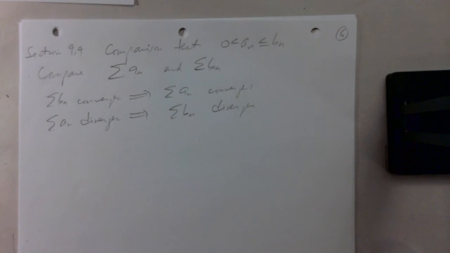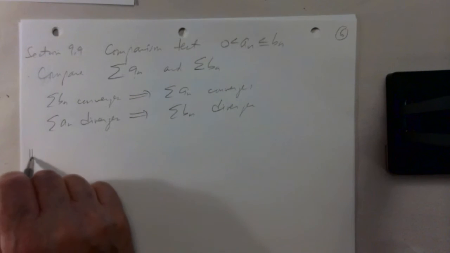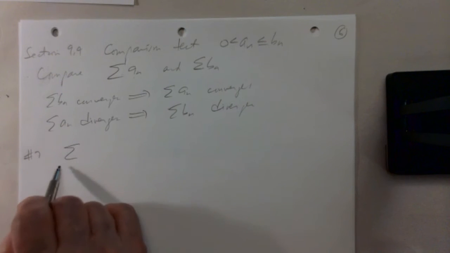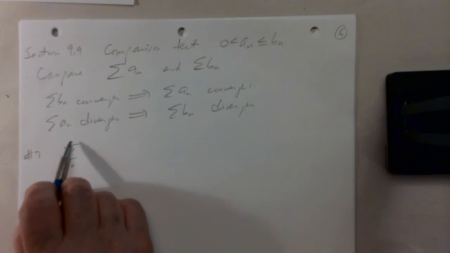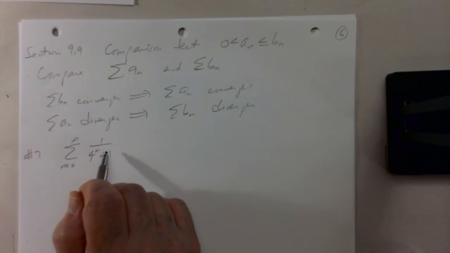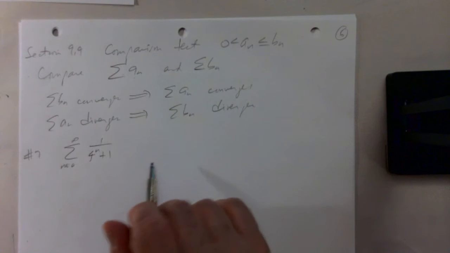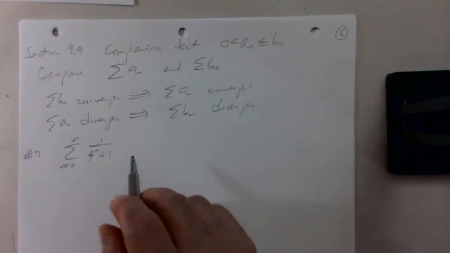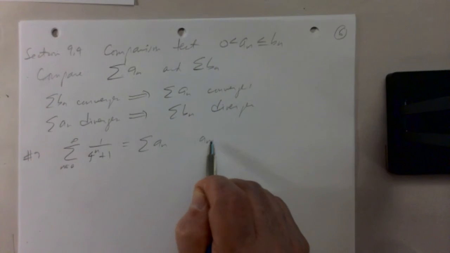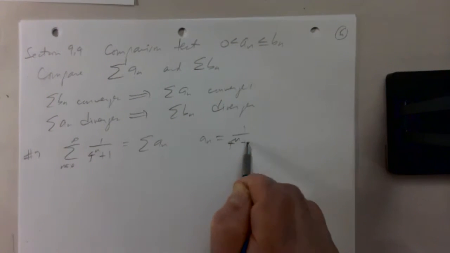So let's look at some of the problems: 7, 9, 11. Number 7 is to determine the convergence of the series summation n goes from 0 to infinity, 1 over 4 to the n plus 1. So we want to invent a series to compare this to. This is my series summation an, where an is 1 over 4 to the n plus 1.